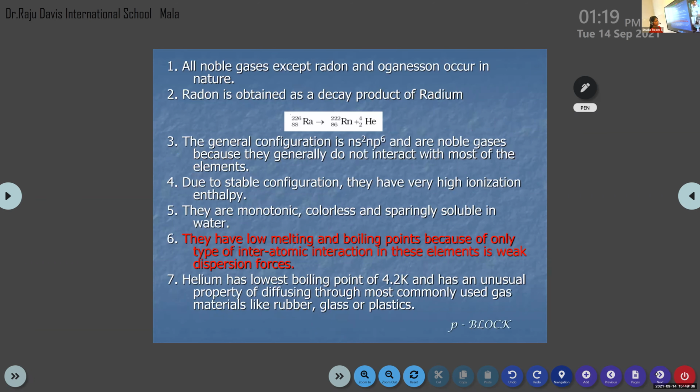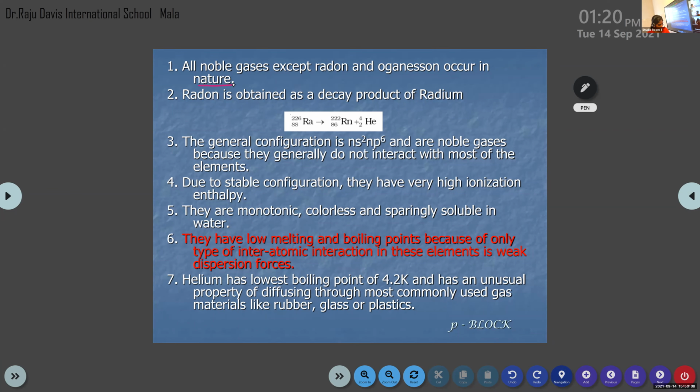So next, about their occurrence. All these gases except radon and organozone occur in nature itself. Then helium and neon are found in minerals of radioactive origin.